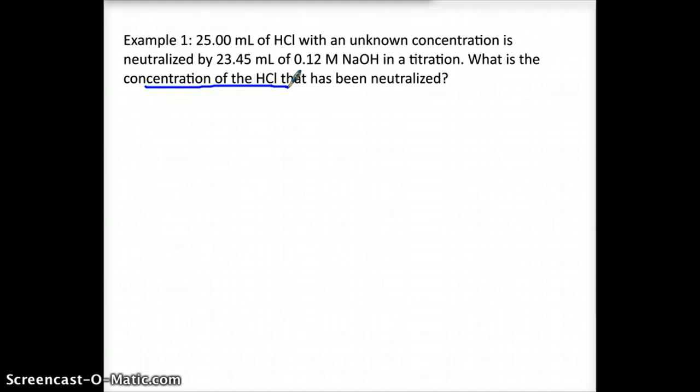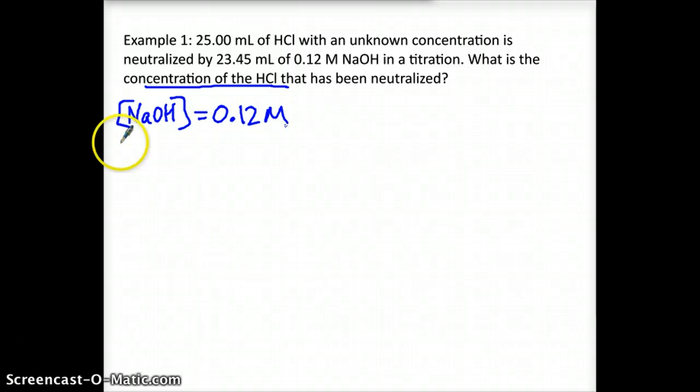Instead of having to write out the concentration of NaOH, we would write NaOH in brackets equal to 0.12 molar. Brackets mean the concentration of whatever's inside. In this case, NaOH is 0.12 molar. So we've got to be familiar with that notation.